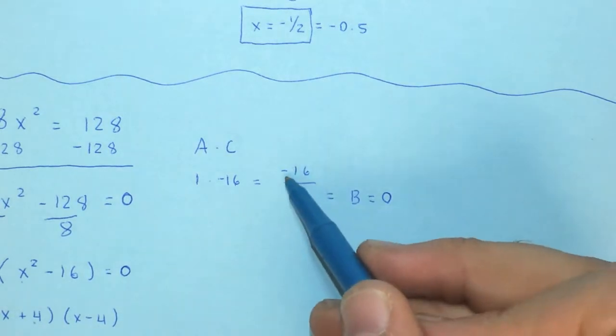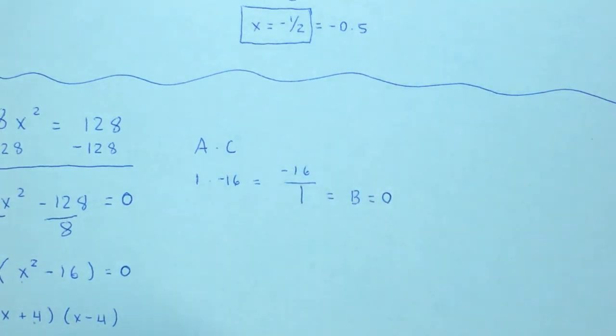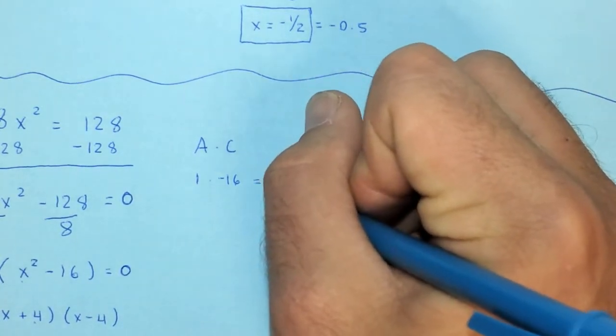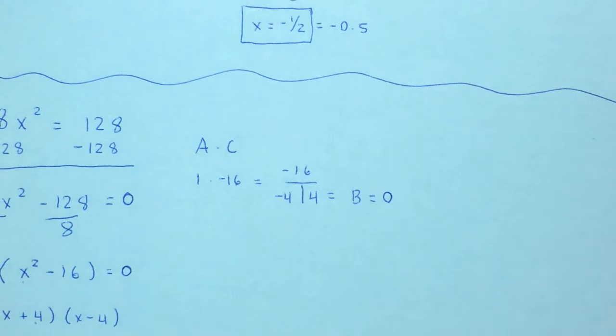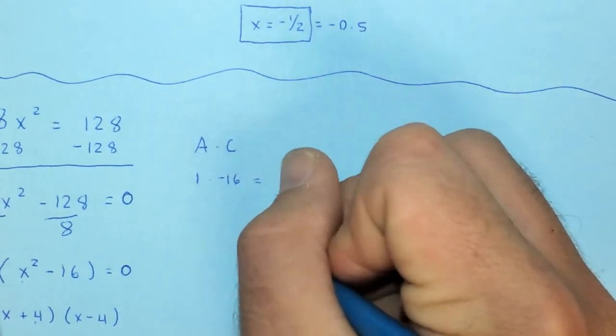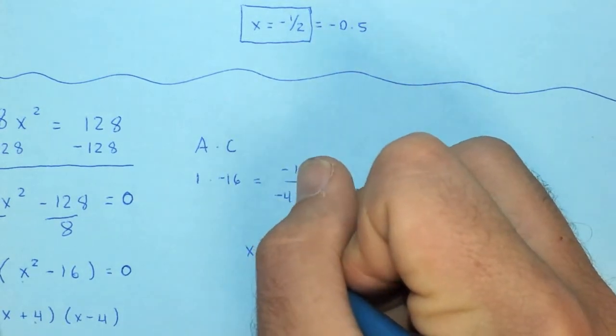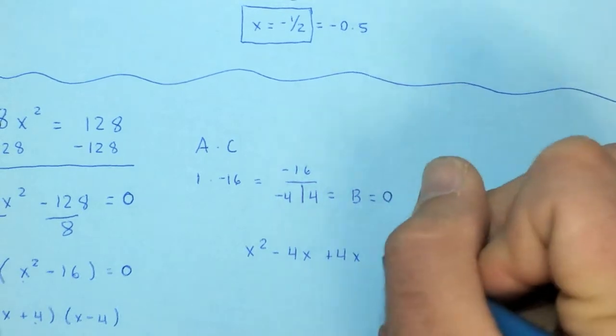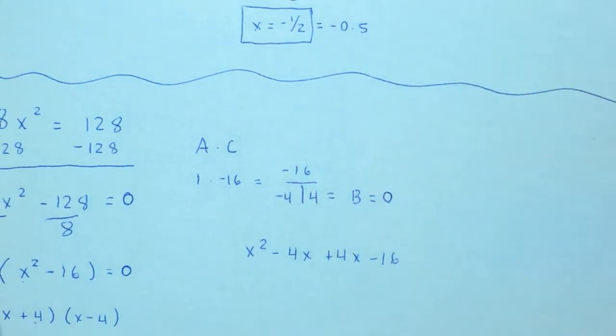So I want the two factors of negative 16 that add to equal 0. Well, if I go through, I know I have a negative 4 and a positive 4. Because those two things multiply to give negative 16, yet add to equal 0. So I can group my stuff. I have x squared minus 4x plus 4x minus 16.